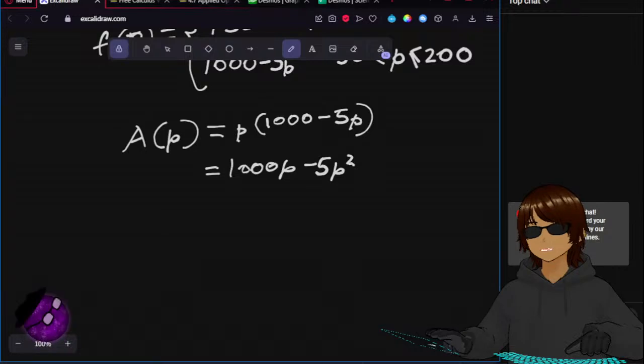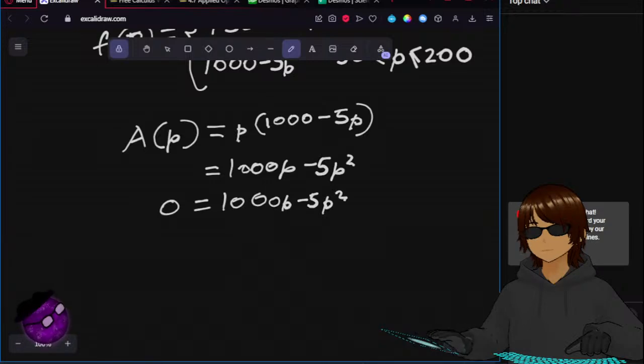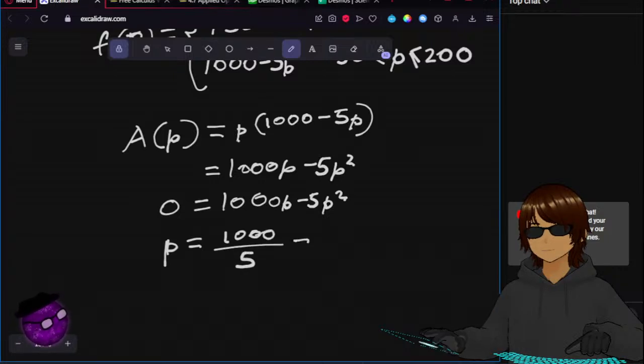The area is 0. And 1000 divided by 5. This is correct.